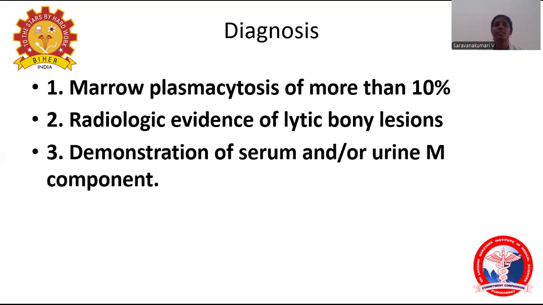Diagnosis is by the increase in plasma cells, lytic lesions, and demonstration of the M proteins. Radiologically, it is the presence of punched out lytic lesions in the bone. On electrophoresis, there is an increase in the M proteins. On peripheral smear, there are rouleaux formations. And marrow plasma cells will be increased.